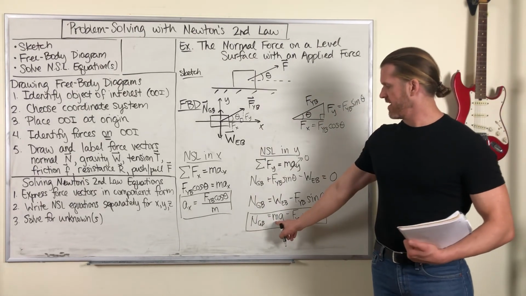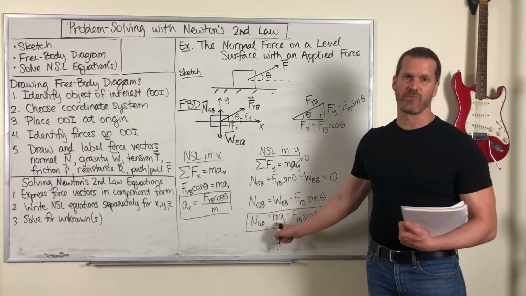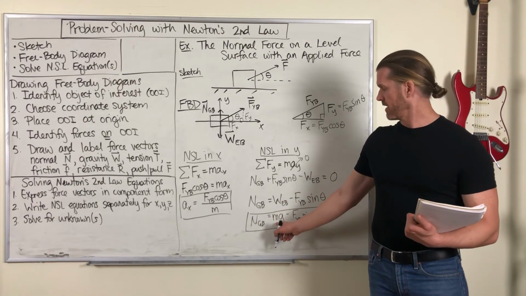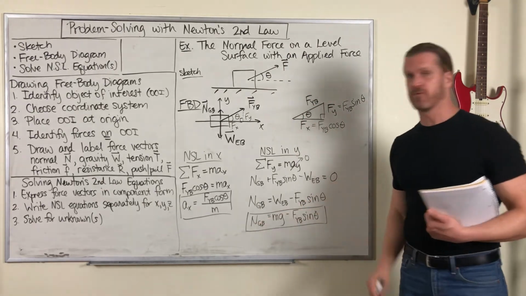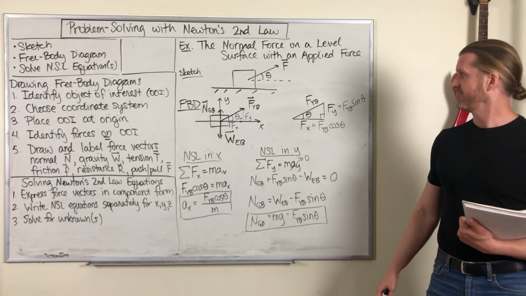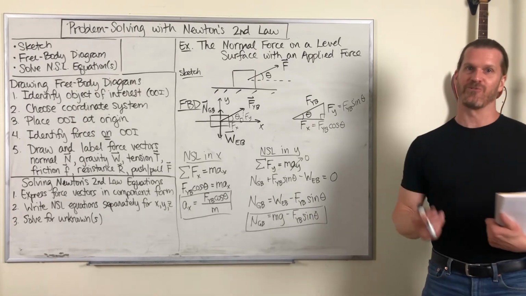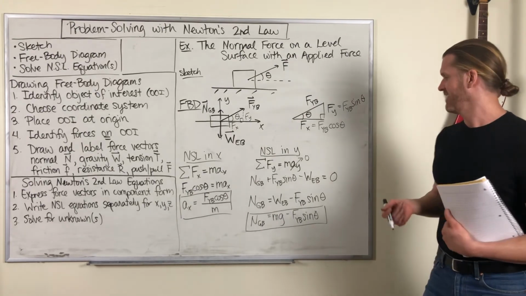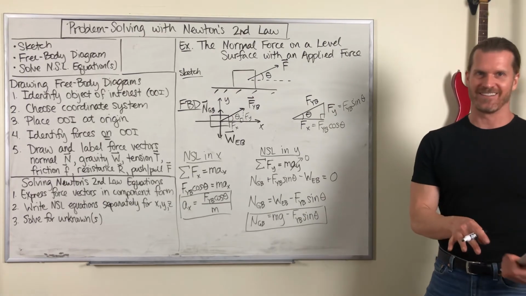And you notice that this time the normal force is less than it was in the previous example. In the previous example, without this force here, normal force equaled the weight. It equaled the gravity force, which I told you was kind of a coincidence. This time the normal force is less. Let's think about that.